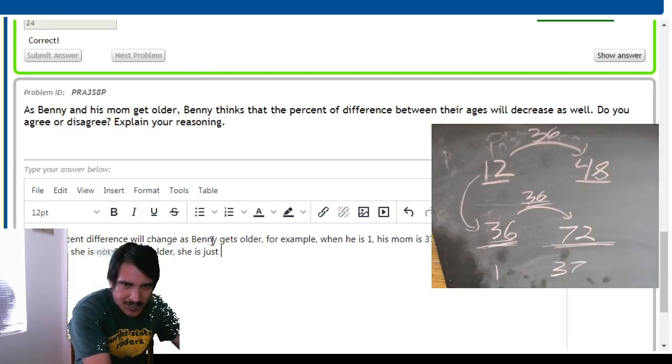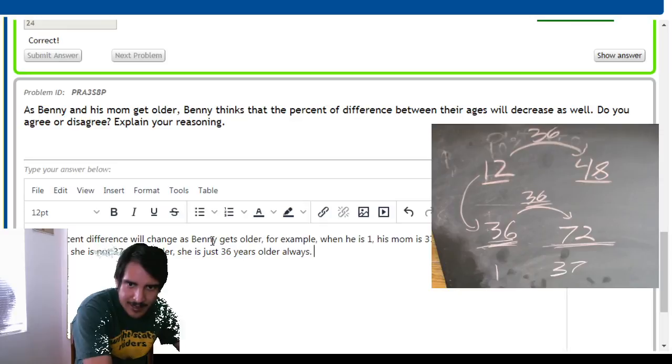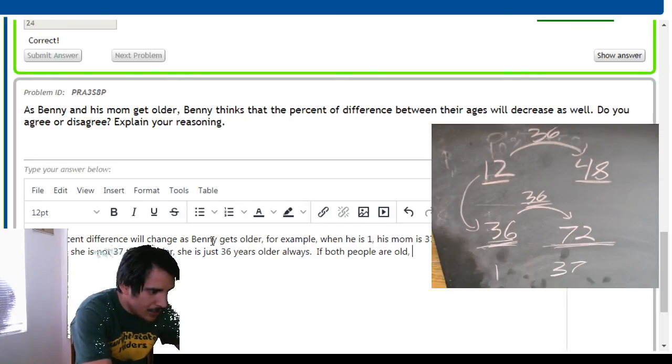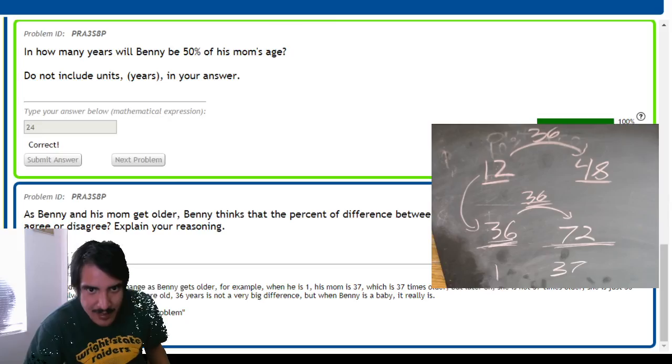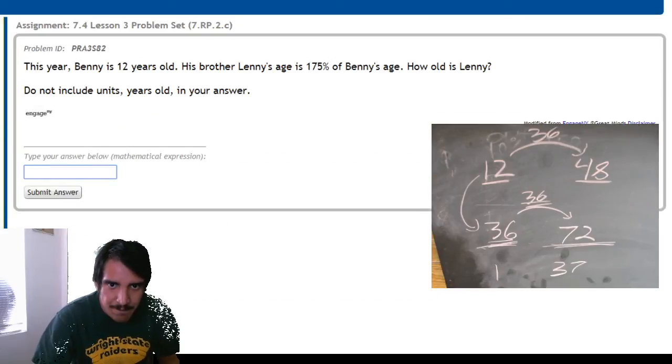She is just 36 years older always. If both people are old, 36 years is not a very big difference. But when Benny is a baby, it really is. You know, that's a detailed answer. Okay?